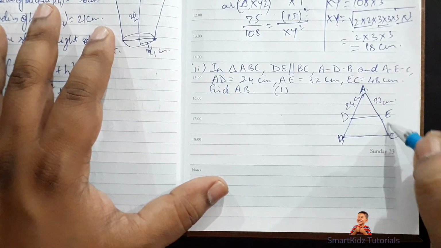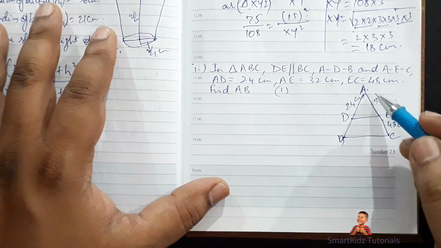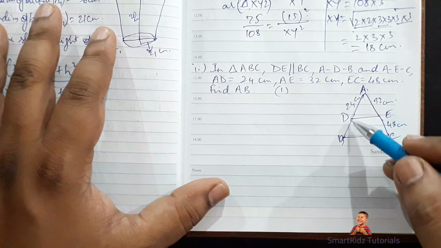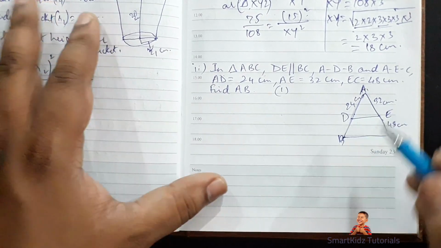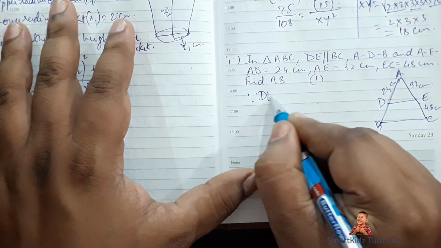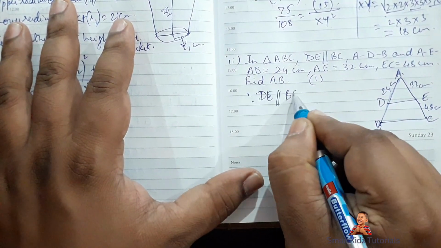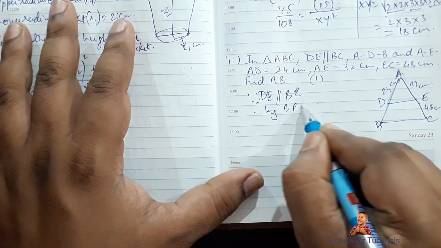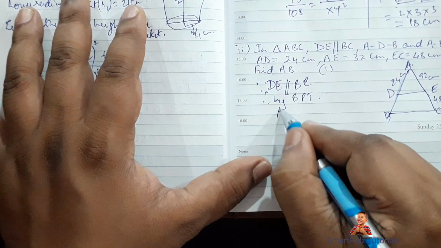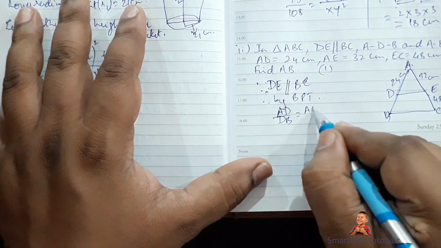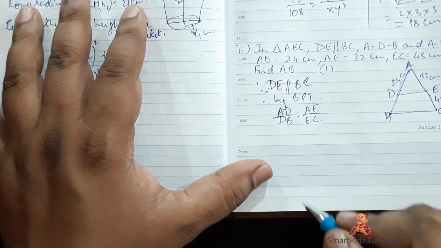EC is given as 48 centimeters. We have to find not DB, but we have to find AB. So if we find DB, we can add AD to DB and we will get AB. Okay. So since DE is parallel to BC, therefore by basic proportionality theorem, AD upon DB is equal to AE upon EC.